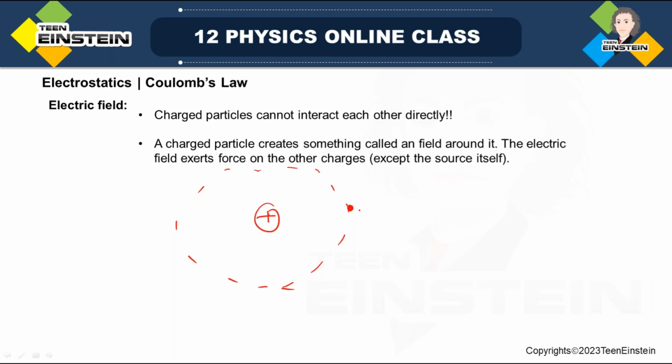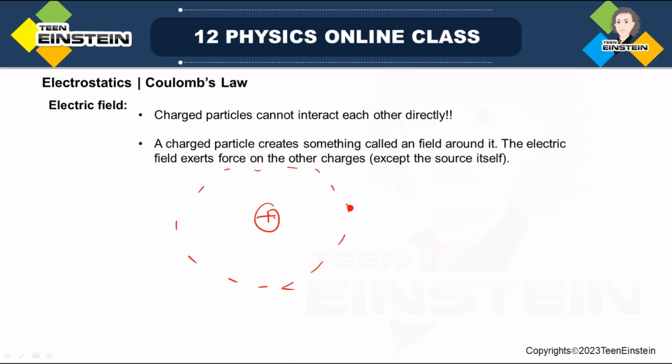Okay, so charge particles individually cannot interact with each other. They interact with each other with the help of the field. Field means what?